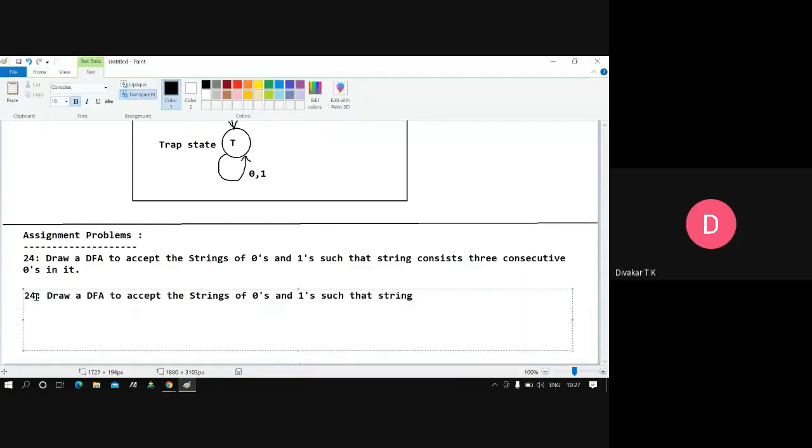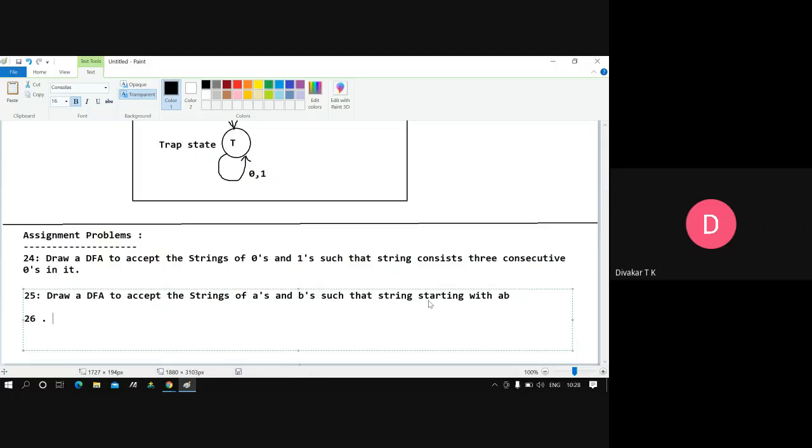Problem 25: draw a DFA to accept the strings of zeros and ones such that, rather than zeros and ones, I'll say that A and B are the symbols, such that the string starts with AB. So try this one.